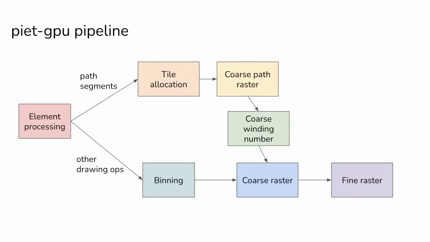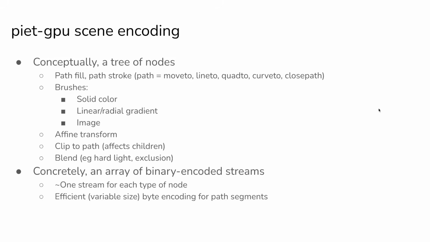So you basically assign each tile the path segments that intersect with it. And then the other drawing operations, like your gradients and so on and so forth, go into this other pipeline. They come together in this coarse rasterization stage, and then the output of that goes into fine rasterization.